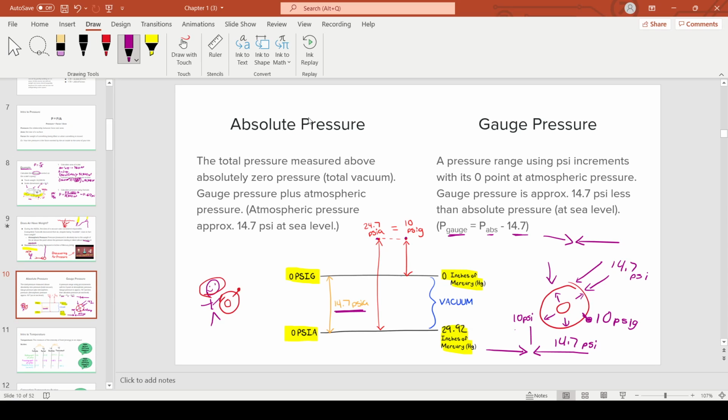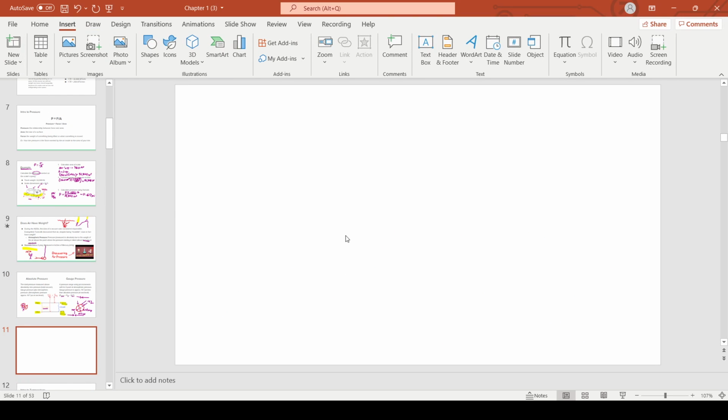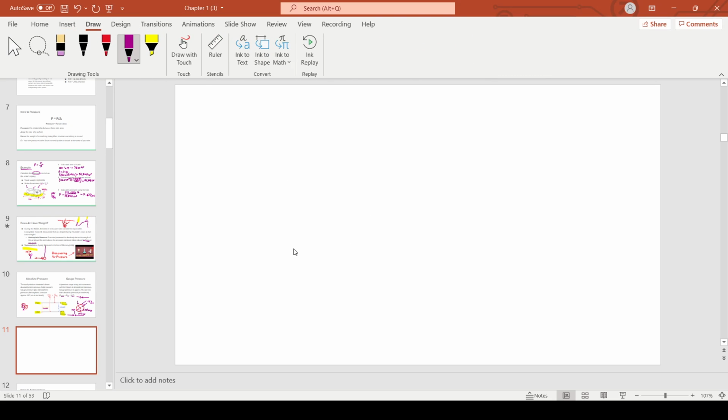Let's see if I can add a blank slide real quick. Just to go over a couple more little examples. Say you have a tire, and you go to air it up.